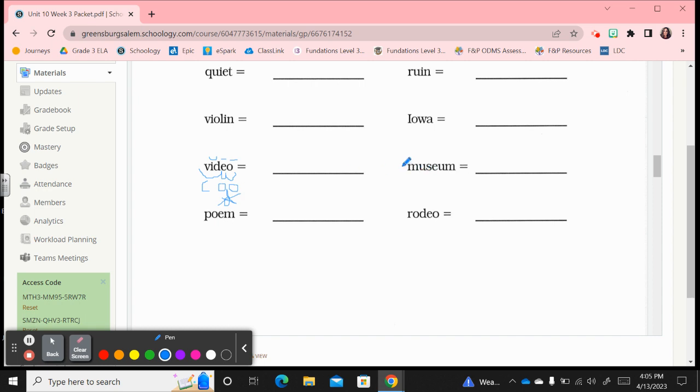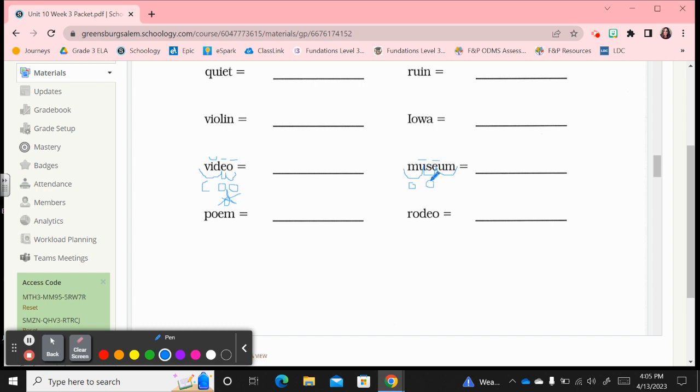Okay, this one's going to be tricky for me, to be honest. Let's try. Museum. Yeah, there's 3 syllables. Mu is definitely long. That's open. Museum. I'm going to say that's long and that's open.